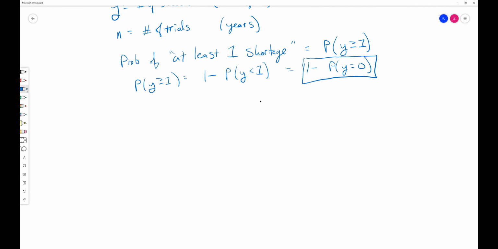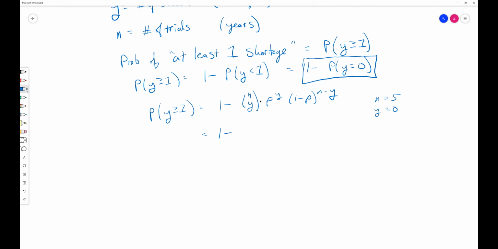So we'll go to our binomial distribution. So the probability that y is greater than or equal to 1 is equal to 1 minus the PDF, which is n choose y times p to the y, 1 minus p to the n minus y. So n is equal to 5. And in this case, we're going to say y is equal to 0 because this is what we want to calculate, right?